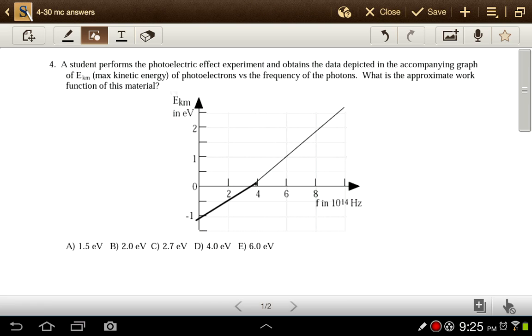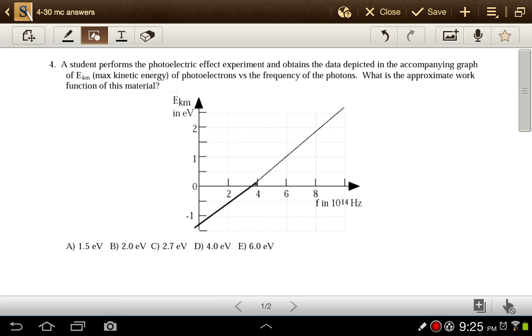If we extend it backward a little bit, we can see, it looks like I didn't draw that very well. Let me try that again. Something like that. If we extend it backward a little bit, we can see that it would cross the y-axis. That's a little better. It would cross the y-axis at this point here at some negative value for kinetic energy.